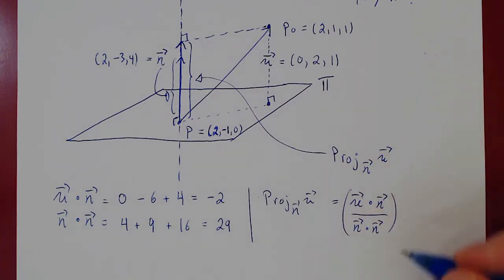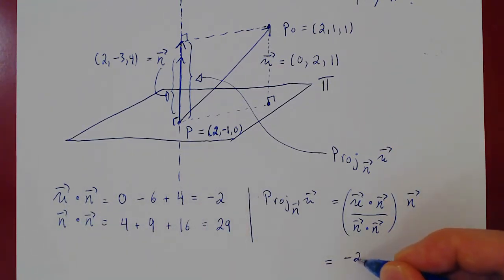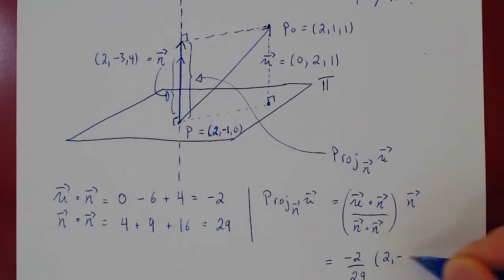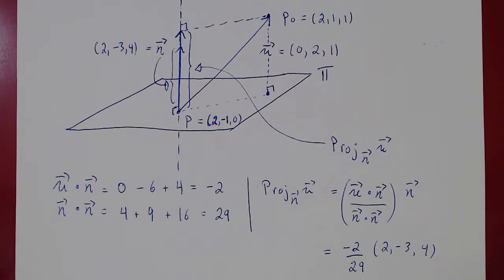This is just our scalar times the vector n. Well, we have everything we need. U dot n is negative 2 over n dot n is 29 times the vector n, 2, negative 3, 4. And now the distance will be the norm of this vector, and then we're done.